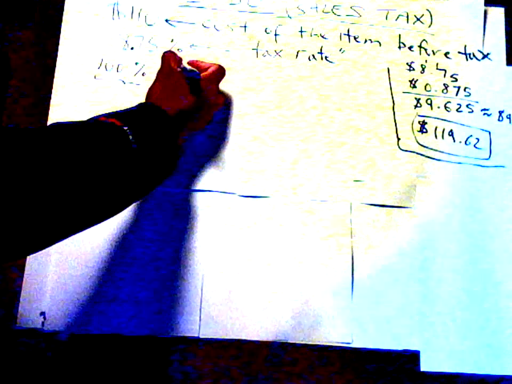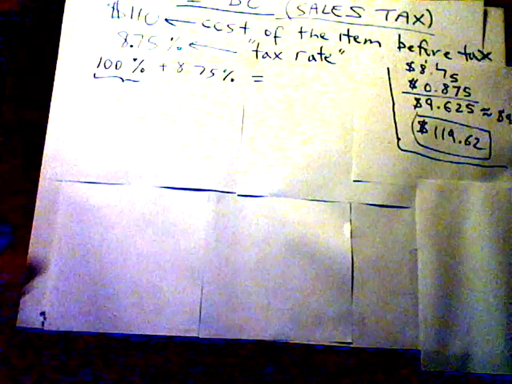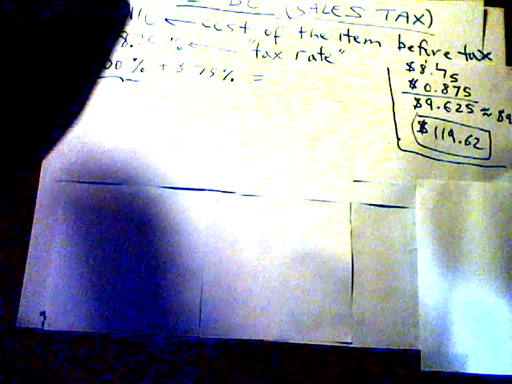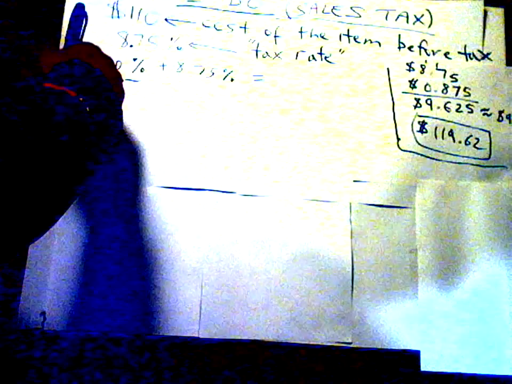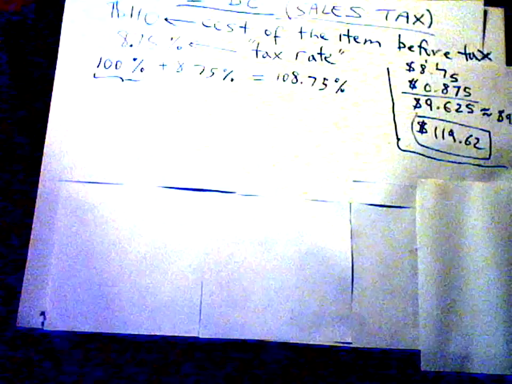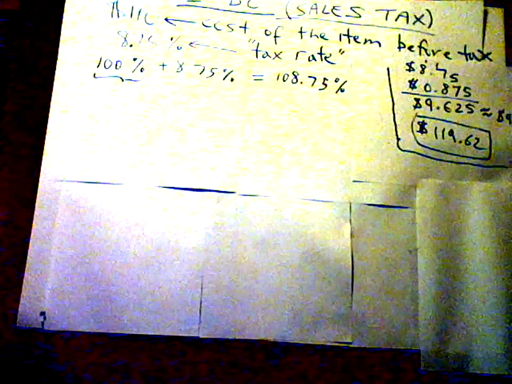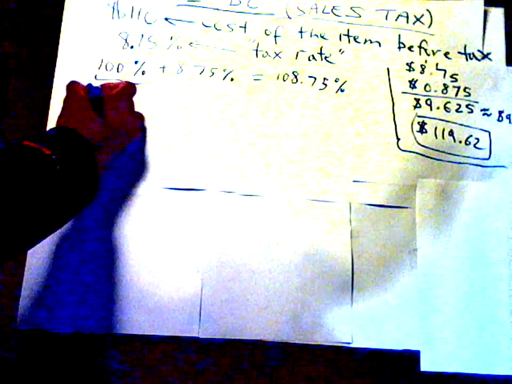But the government is adding another 8.75%. So the first thing you do is to find out how much you're going to be multiplying by. So it's going to be 108.75%. Okay. All right. So now you can do the percent proportion.